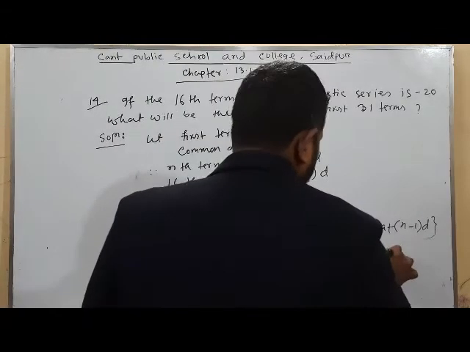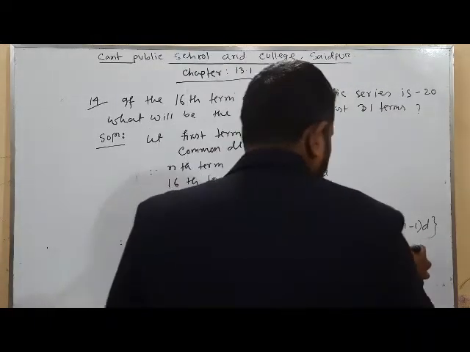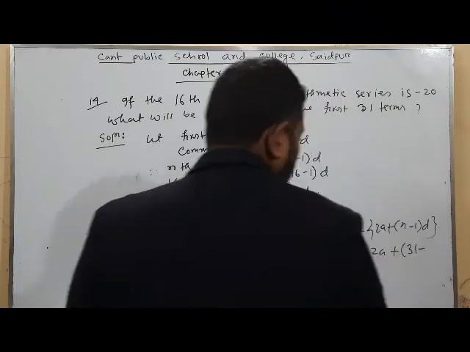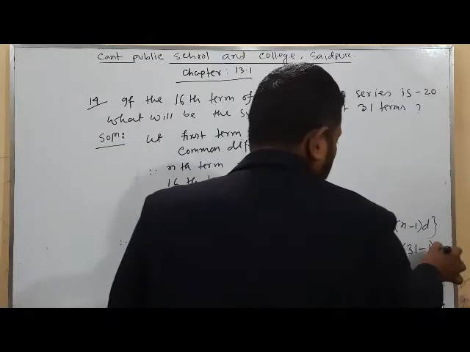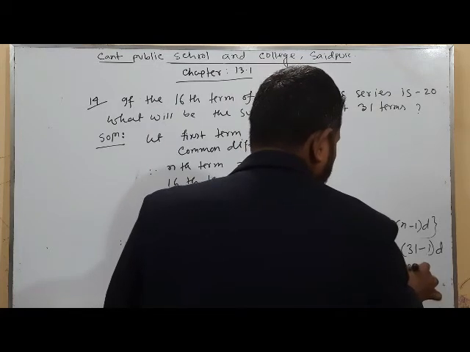So twice A plus, with 31 as the value of n, 31 minus 1 into D, that is n by 2 times (twice A plus 30D).